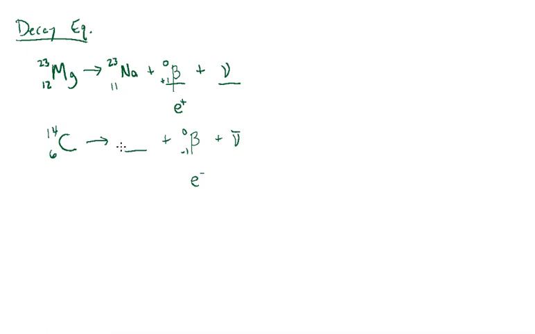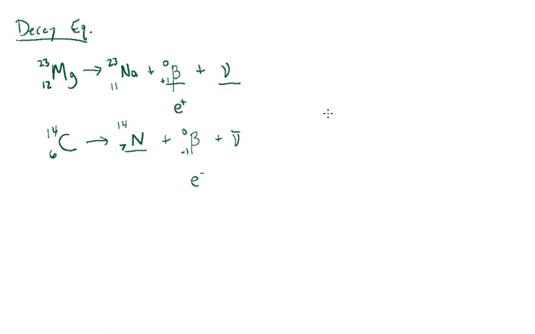So we have to basically increase the number of positive charges we have. So this would become a 7. We would increase the total number of protons that we have, and this would stay at 14 because we didn't lose any of those. And then you'd have to look on your periodic table and see, well, what's one proton higher than carbon? There you go. And that would be that.